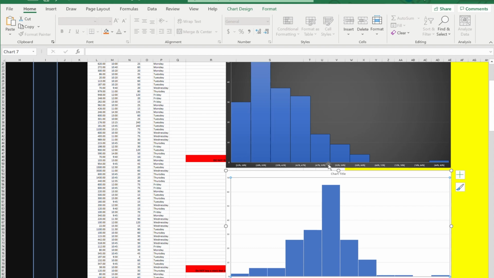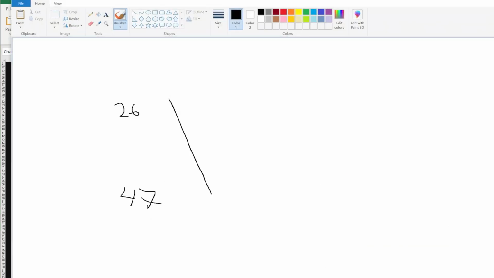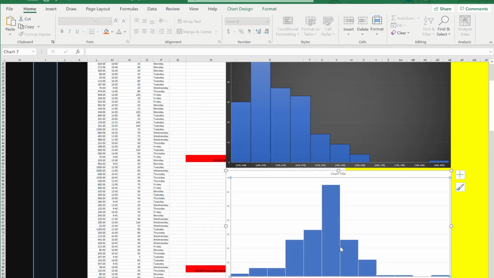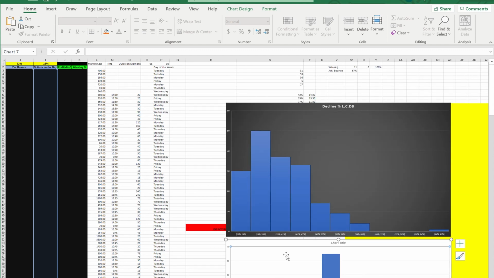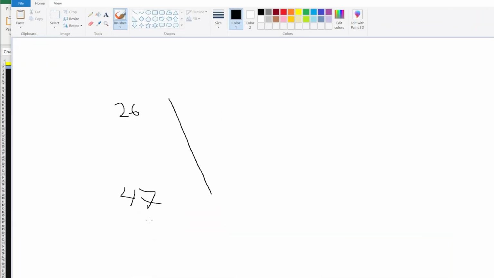But we know that if it drops, let's say, 53%, it still has a really big chance to close at negative 19%, because this is where most of our data was tracked. So let's say it dropped negative 50%.